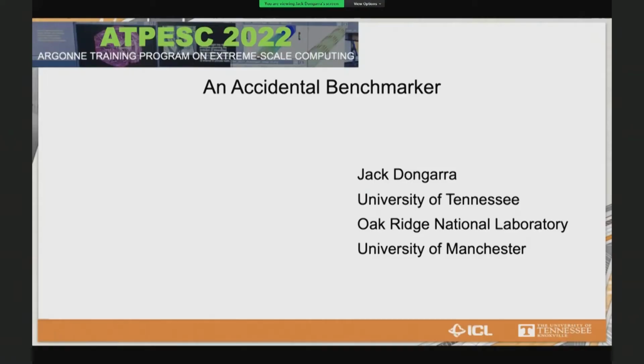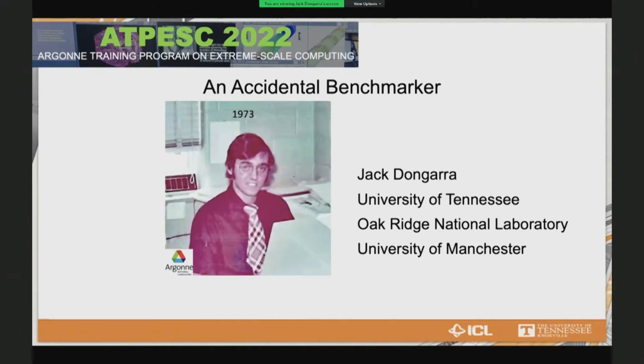So I'd like to share with you some of the experiences I had as an accidental benchmarker. I started my career back in 1973, and that's a picture of me in my office at Argonne National Laboratory. That was taken when I was an undergraduate.